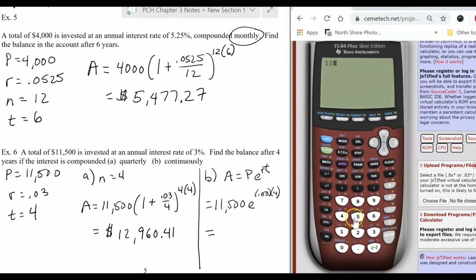So I have 11,500 e to the 0.03 times 4, and now we have $12,966.21. So you can see with the continuous model, you have a little bit more money, just under $6 more, but you will get more money from continuously compounding.